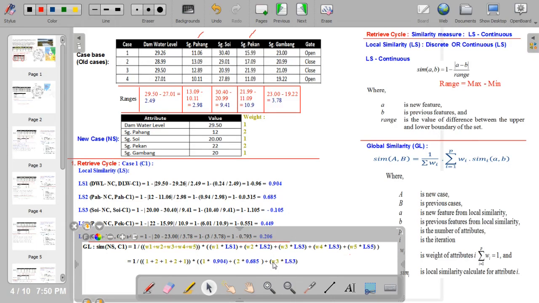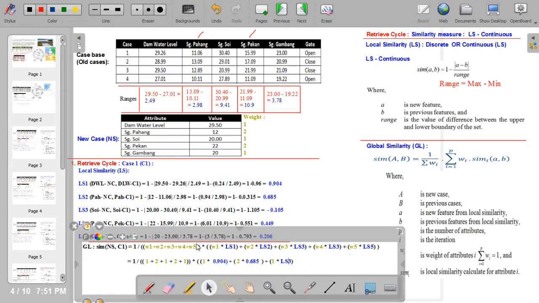Plus W3, weight 3 is this one, 1, right? The weight for the third attribute, sorry, is 1, and LS3 is here, this one, right?